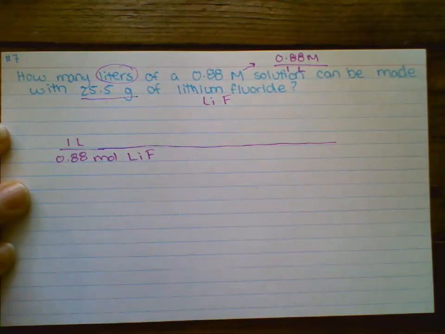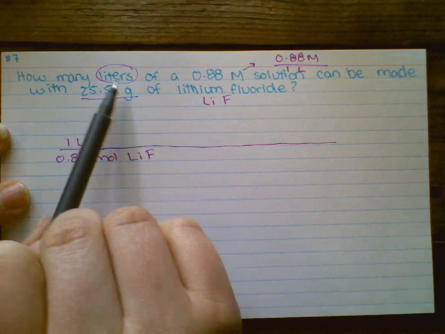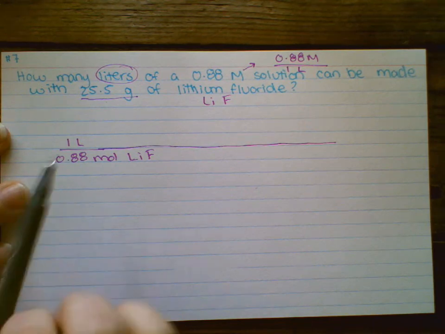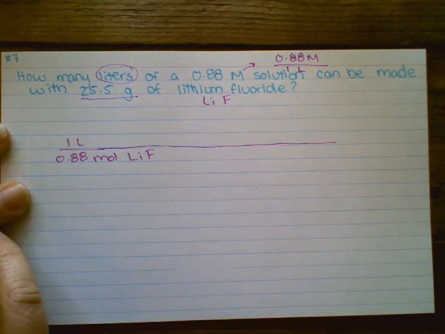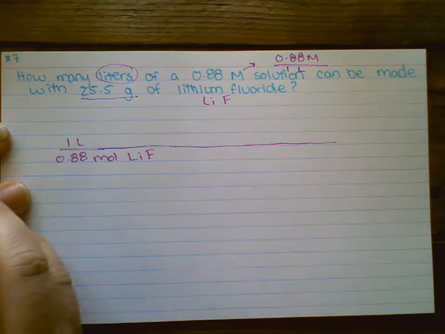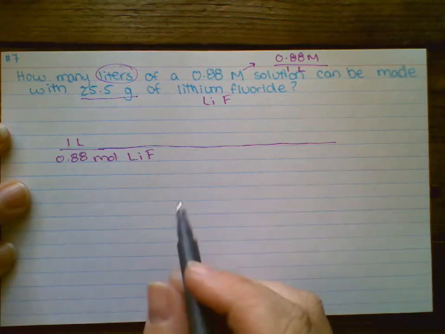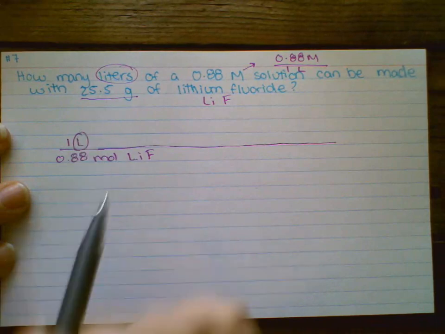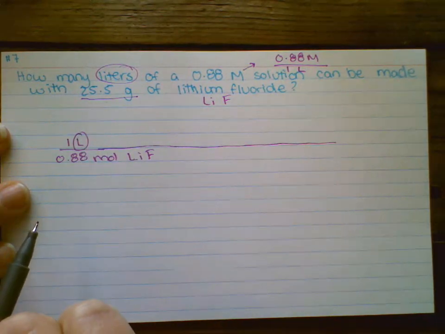My clue here is anytime it asks me about how many liters or how many milliliters or what volume, I have to start with volume on top. From here now, I just plug in the missing pieces of the puzzle. I should end up with liters being the only unit that I'm not canceling out.